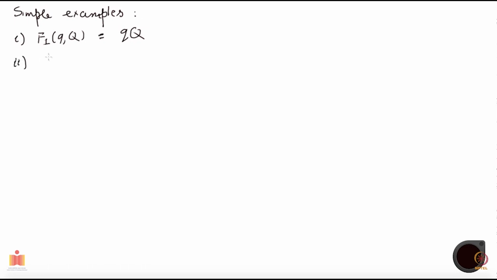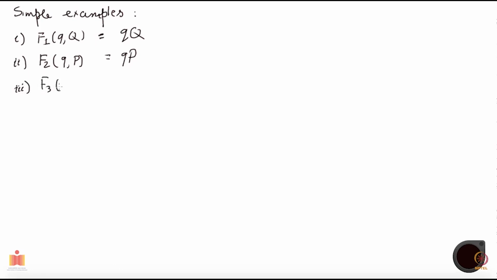Second, if I take this generating function f2 to be this, again how are they related to the old coordinates?